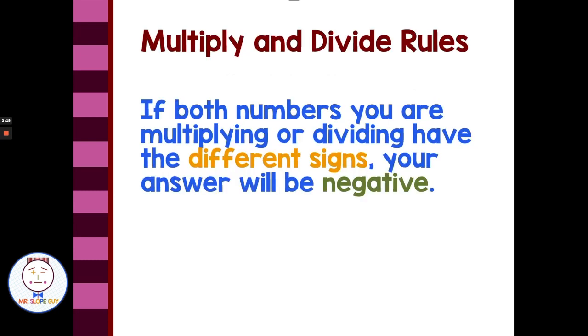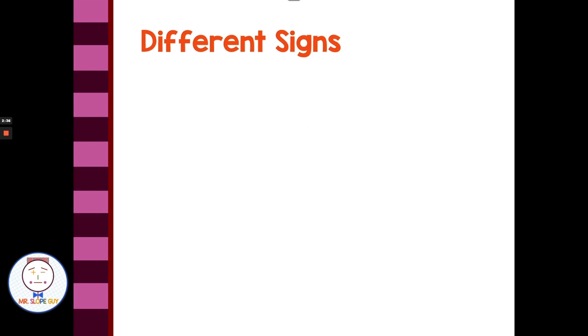Now, if both numbers you're multiplying or dividing have different signs, your answer will always be negative. So we're talking about two numbers here. If one is positive and one is negative, and we're multiplying or dividing, we will have a negative answer or a negative quotient. So let's look at some examples with different signs.